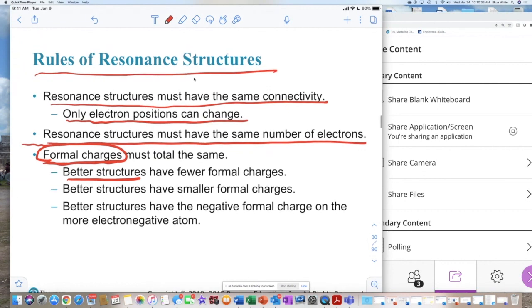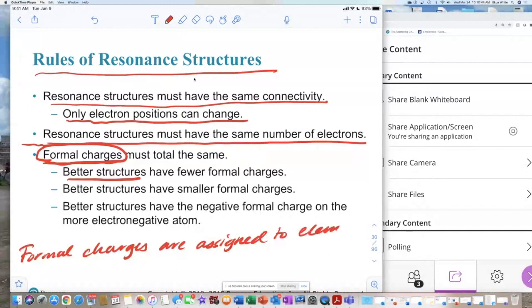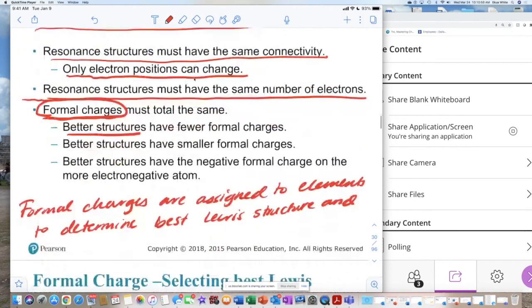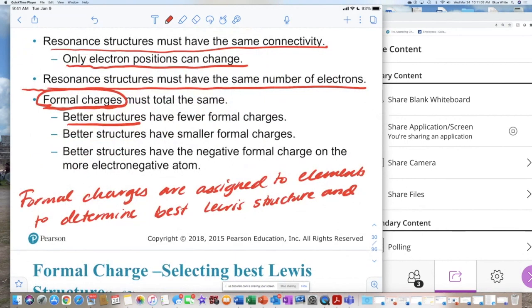Okay, so before I continue, let me write that here. Formal charges are assigned to elements to determine the best Lewis structure and the charge of an element within the compound.